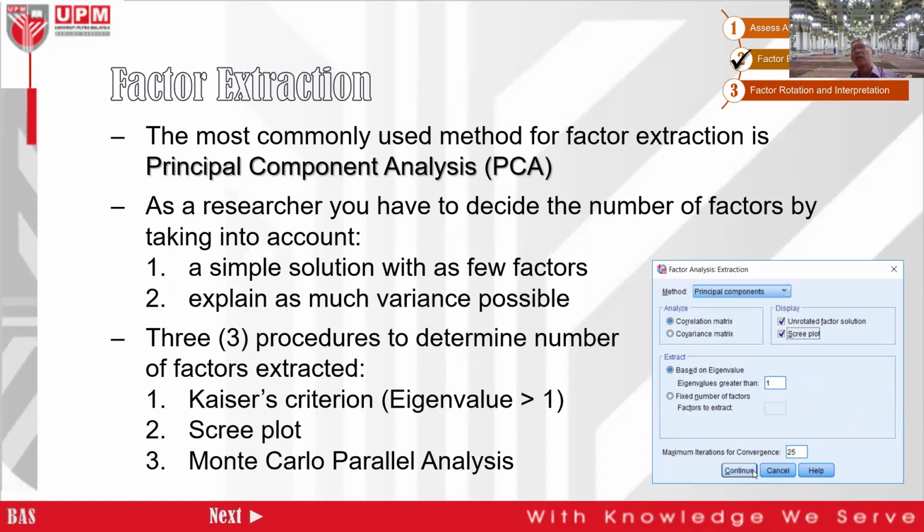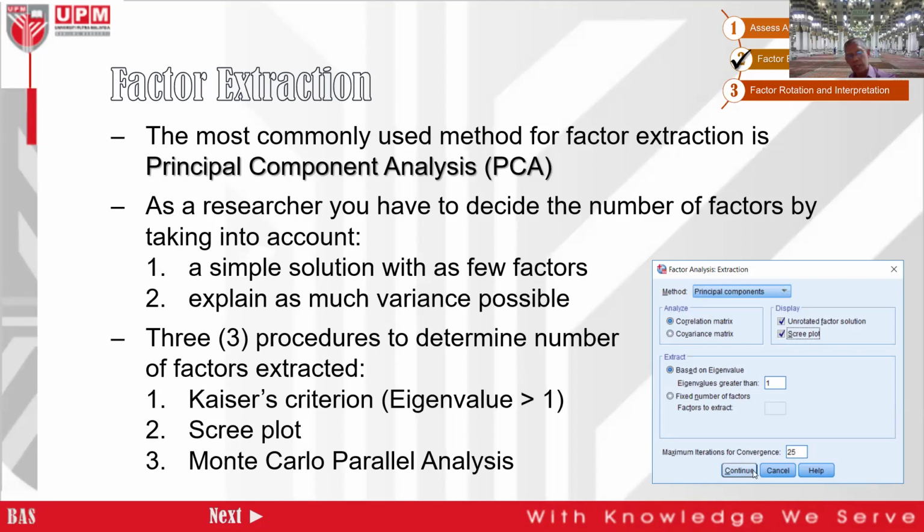We want to have a smaller and meaningful number of factors extracted, so that as much as possible it matches what you propose in your framework and what is embedded in your instrument. A simple solution with few factors that, as much as possible, explains a larger percentage of variance. That is what we expect.